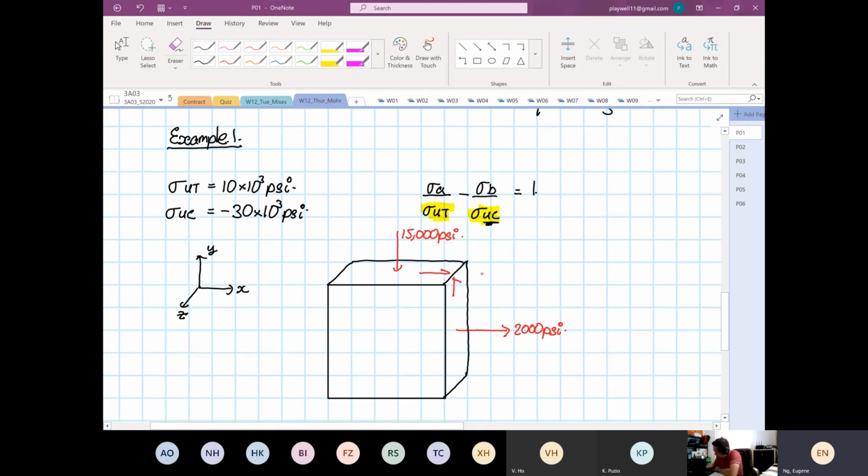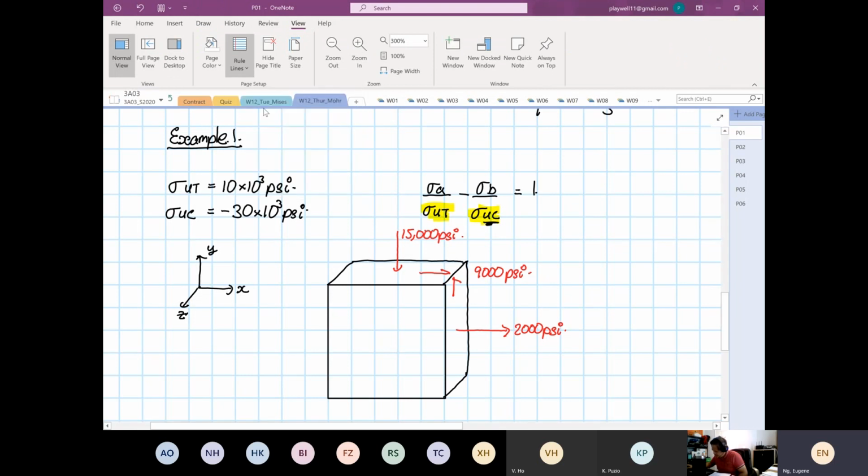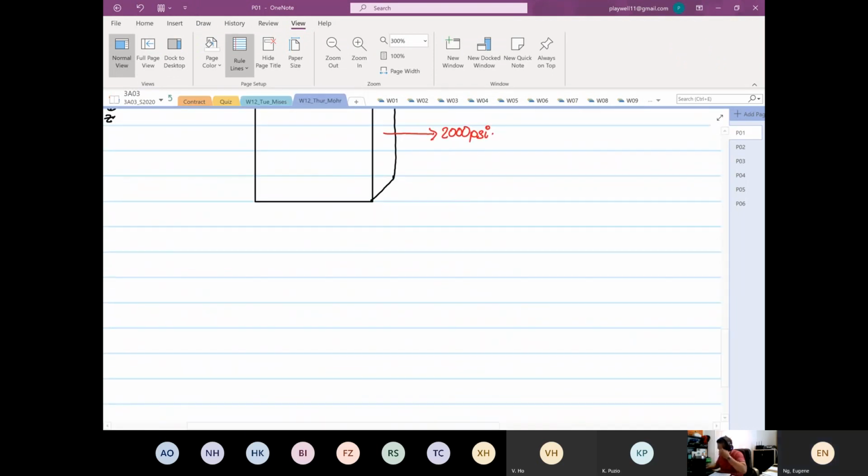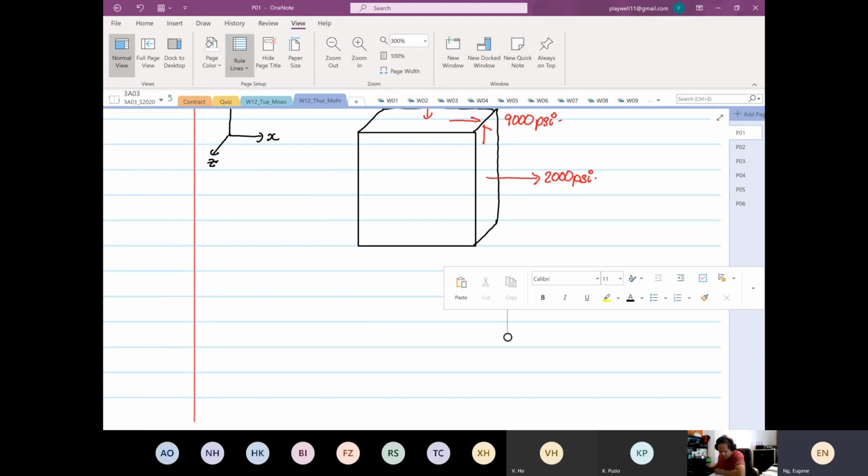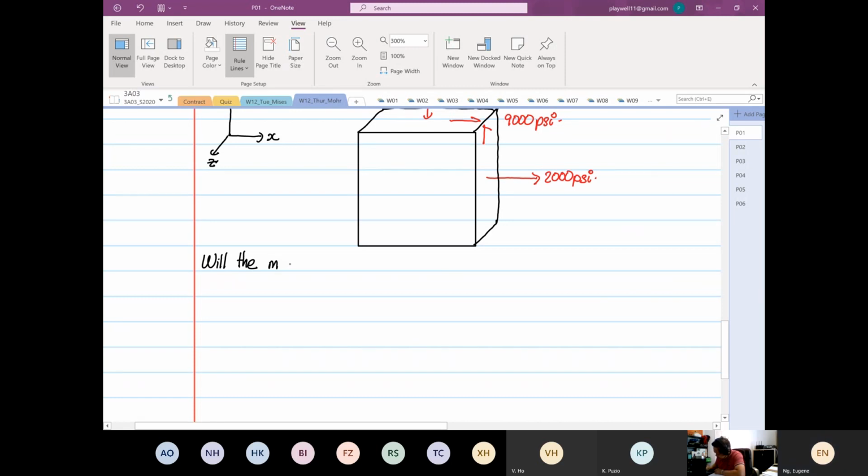The example wants us to determine: will the material fail, will the material not fail, will the material yield under the loading condition?